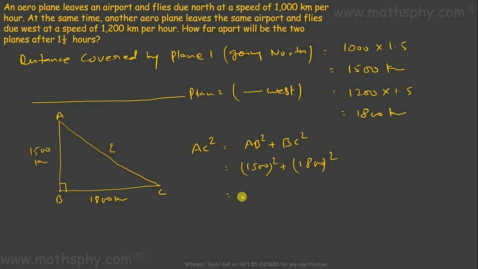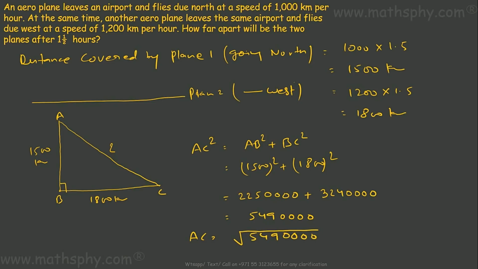This gives you, this is 5490000. So AC would be root 5490000. Now let's solve this root here. This can be written as 3 into 3 into 61 into 100 into 100.